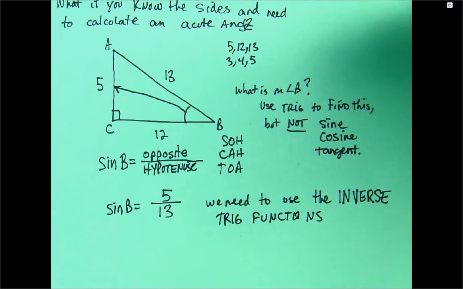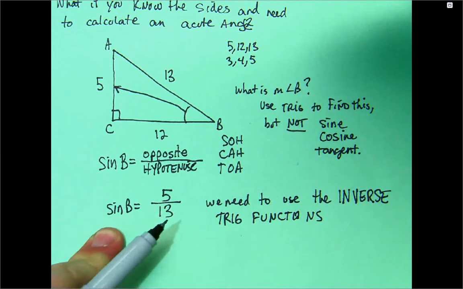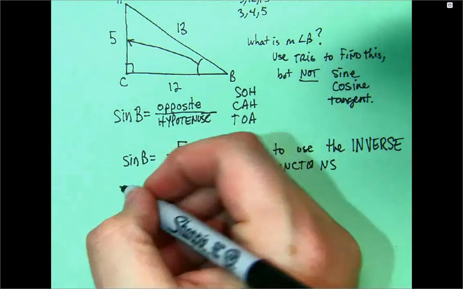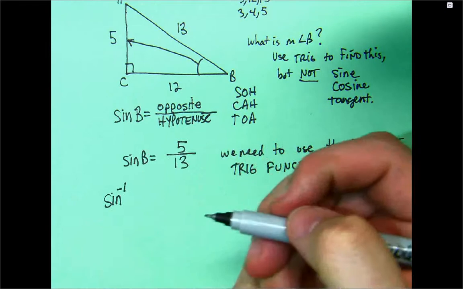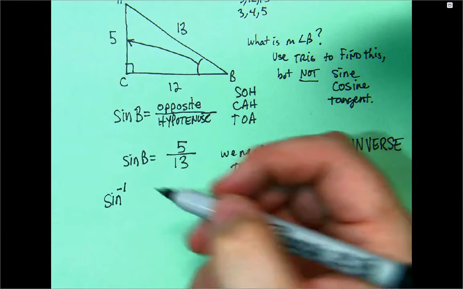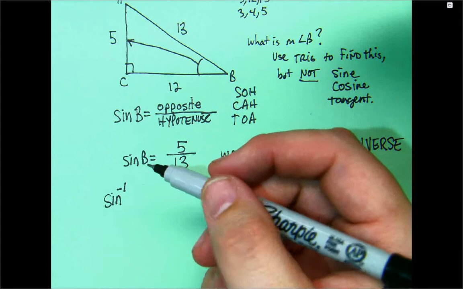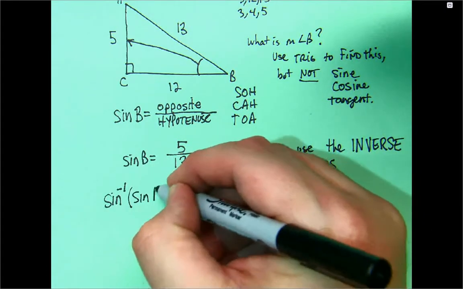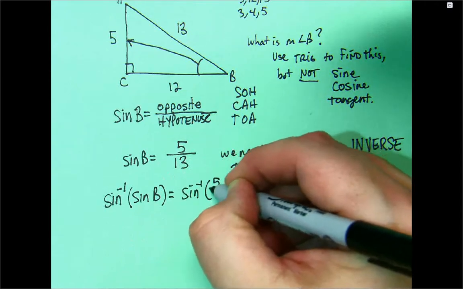We need to be able to get at the B in here. So we need something that's going to knock out the sine function. And the only thing that we have that we can use is this. It's called the inverse sine, or we see it as sine to the negative 1 power. Although this is not sine to the negative 1 power, that's what it looks like. So we do this. We take the inverse sine of the sine of B is equal to the inverse sine of 5/13.